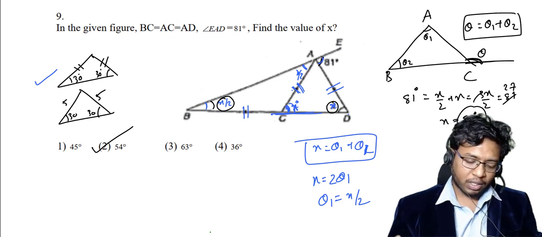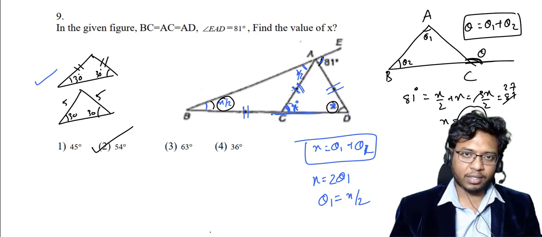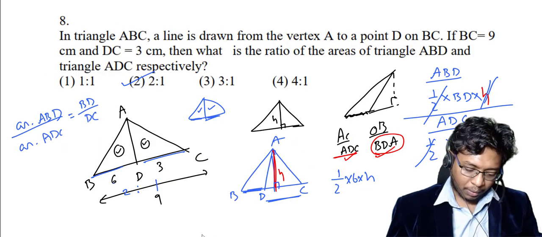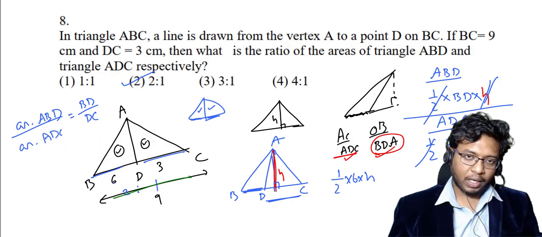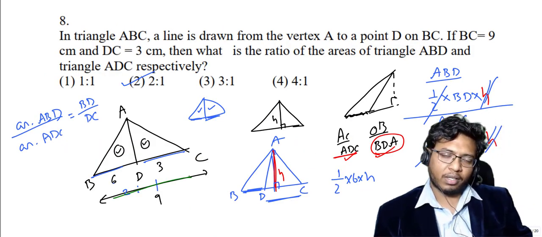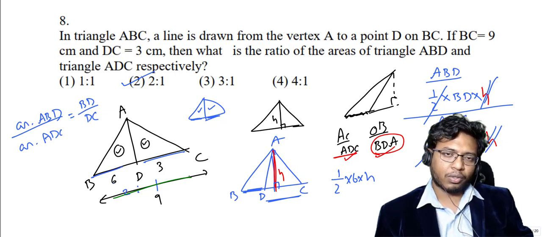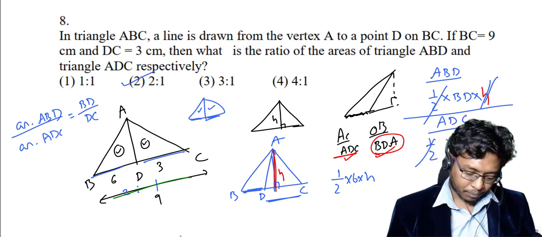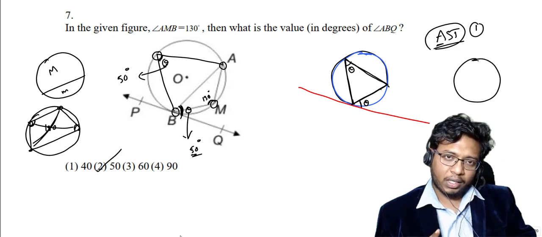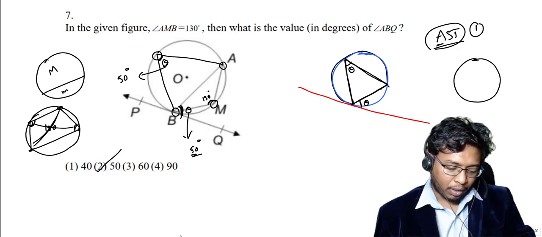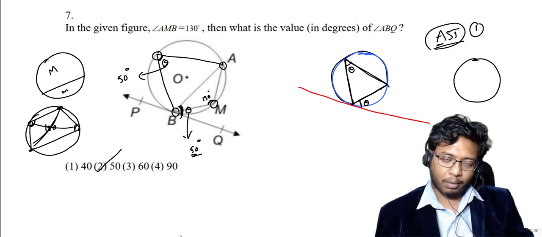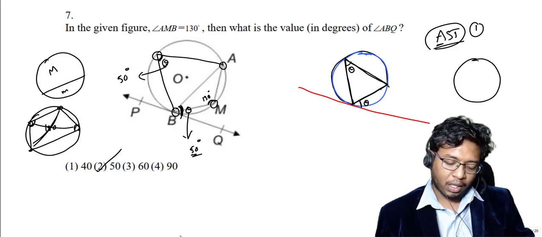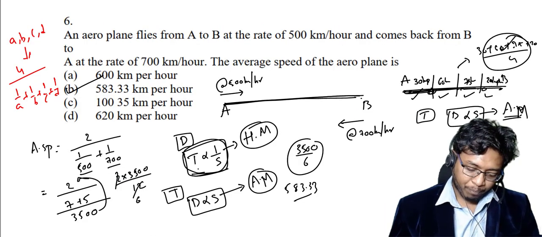Or if angles are given equal, soon mark their sides as equal, right? And another one, area is directly proportional to base ratio given that heights of the triangles are same. Another one, alternate segment theorem I explained, and also I explained what is a segment, major segment, minor segment. Alternate segment theorem is done, right?